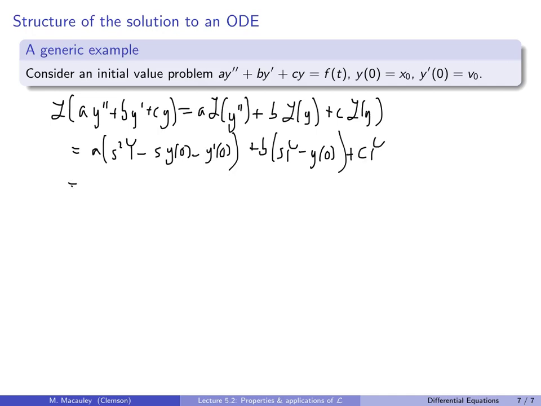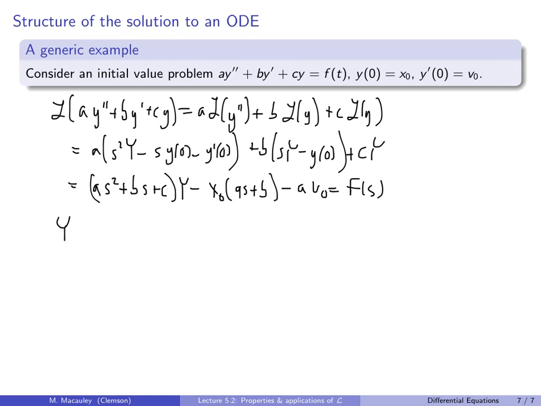And we can collect terms, and when we collect terms, we get as squared plus bs plus c times y minus x naught times as plus b minus a times v naught equals f of s.